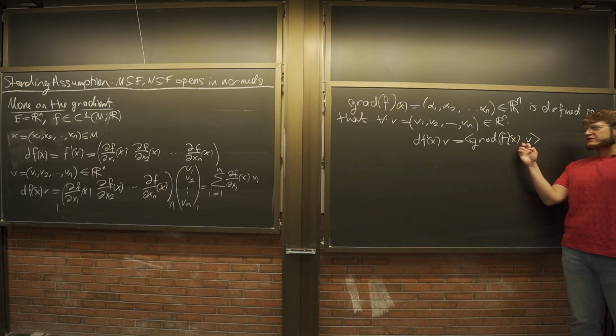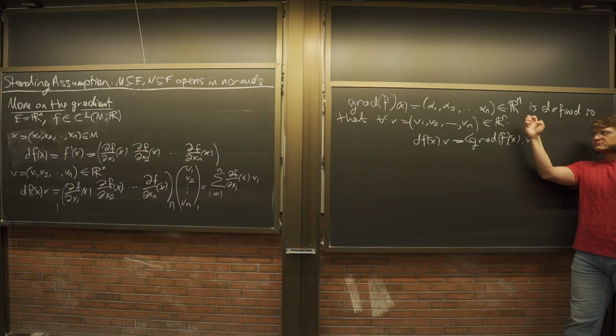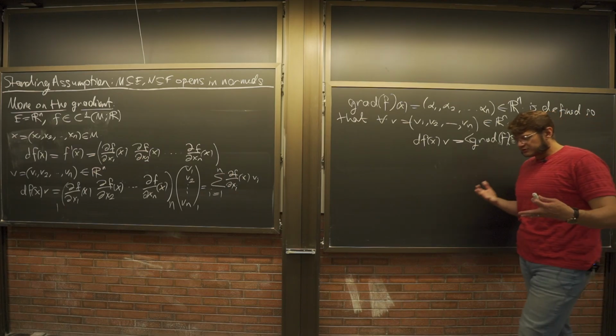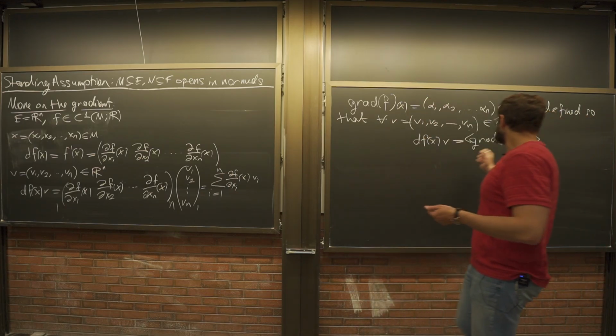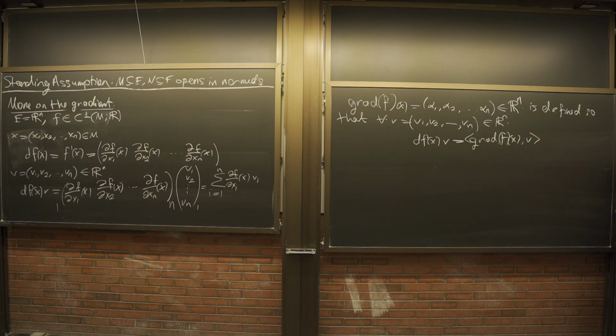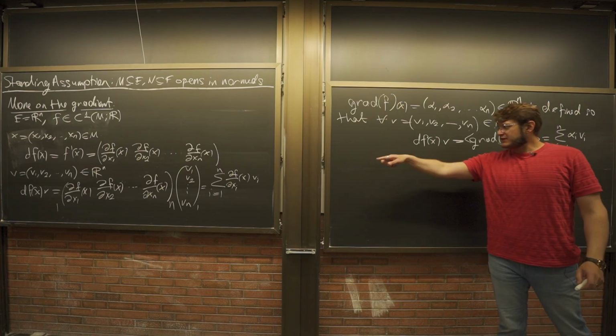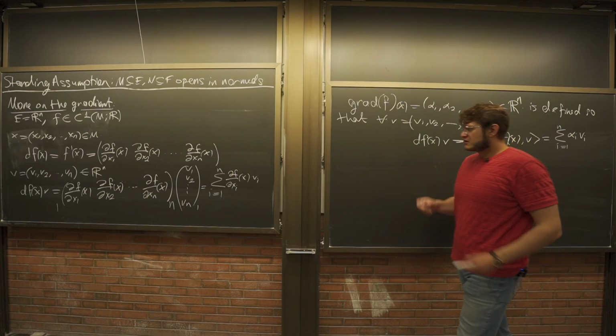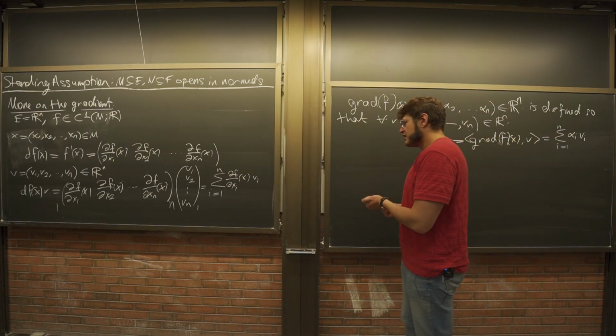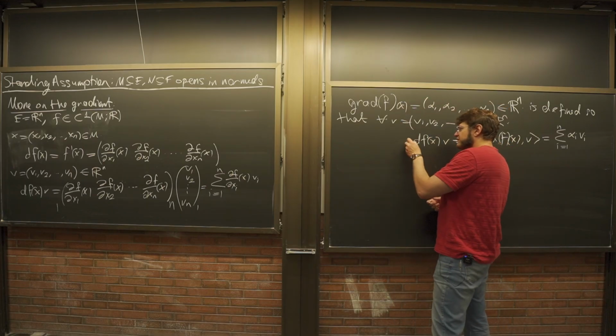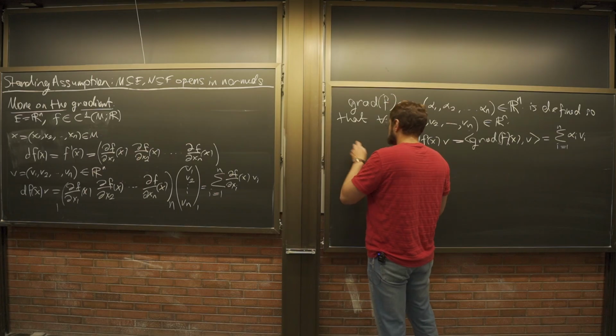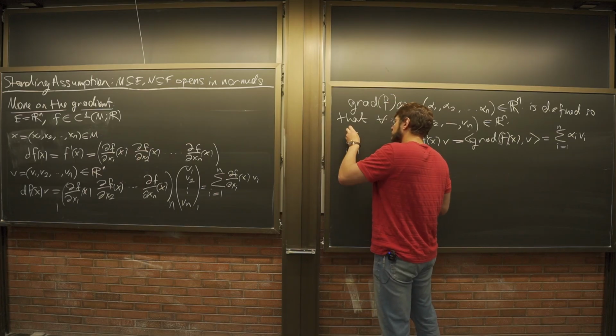Well, what is this right-hand side? In this case, this inner product, in the Euclidean case, in the case of tuples, is the standard dot product. So this is nothing but the sum of alpha i v i. And we just computed on that board that this is nothing but the sum of the ith partial of f times v i, all of these terms.